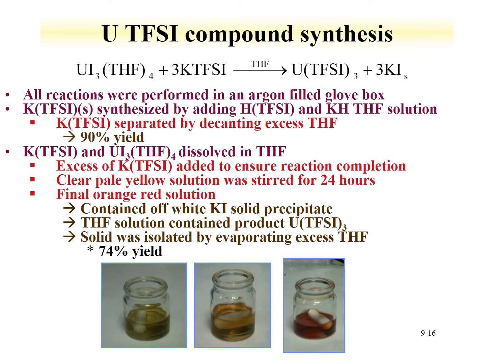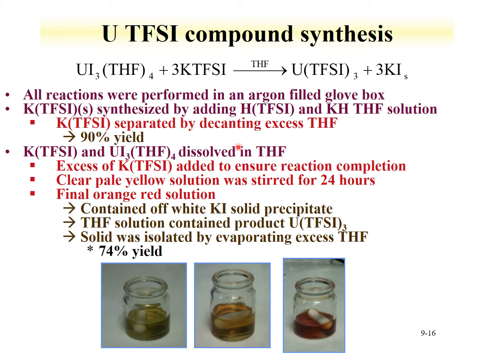An example of work that was done using uranium and studying electrochemical reduction of the compound is shown here. In this case, a uranium TFSI compound was produced using uranium-3. The uranium-3 complex was uranium triiodide. This is some glove box work.